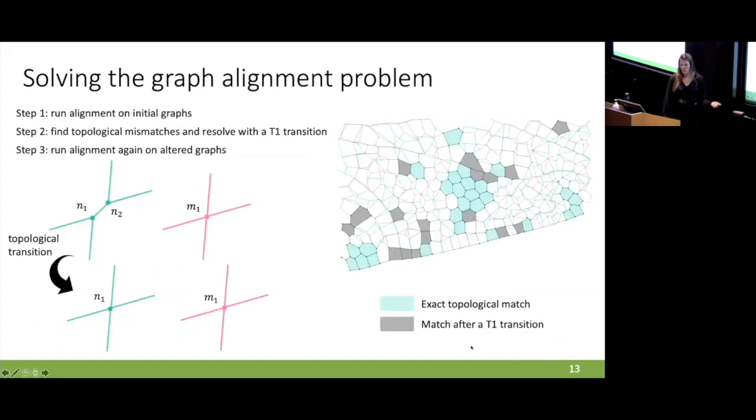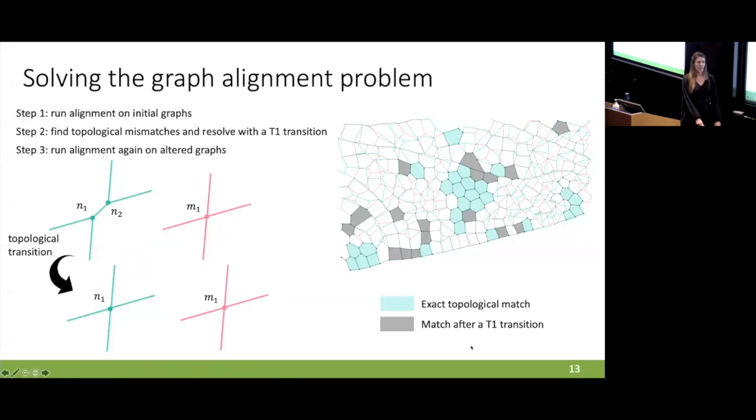And then I do one more thing. So I initially run the alignment on the unaltered graphs, but then I'll have a lot of cases like this, where N1 is mapped to M2, but you have this topological mismatch.